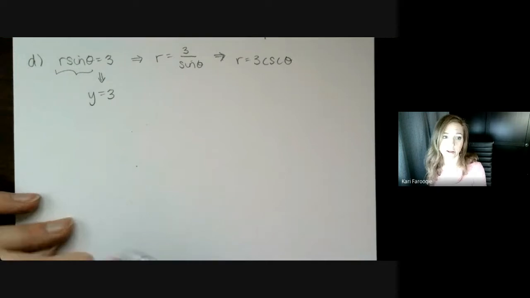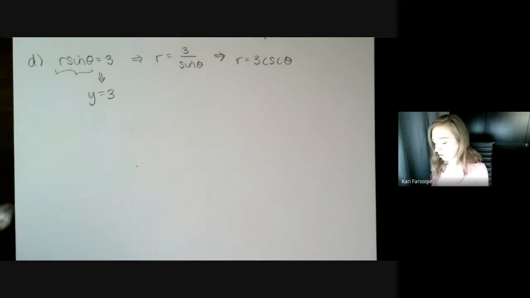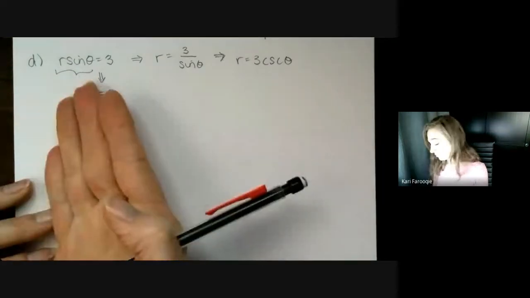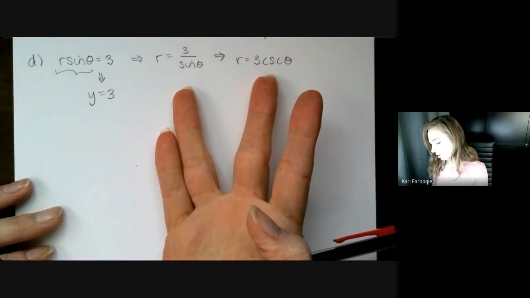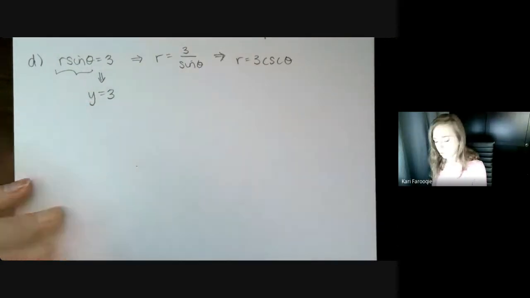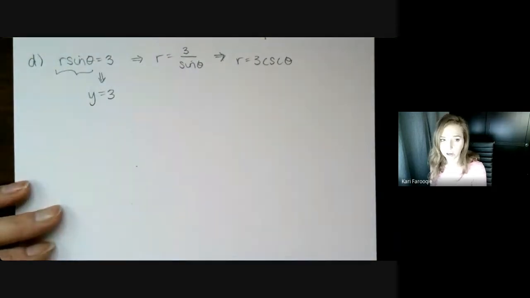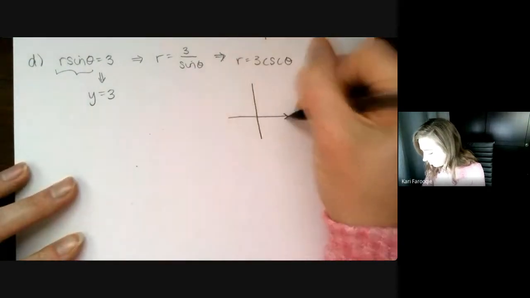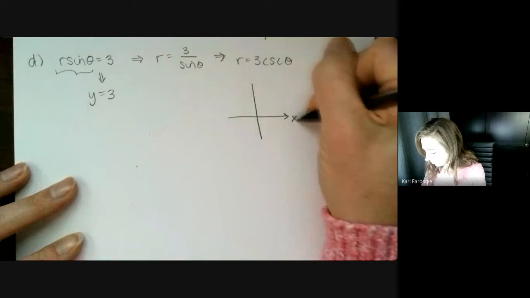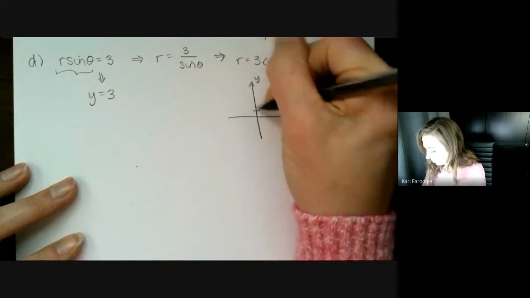And r sine theta happens to be a big one for us. So if you have something like that, or if you can generate something like that, don't think, okay, well, I have this already, I'm good to go. You want that to be in a form that you can use. r sine theta equals y. All right, so this is y equals 3, and you know that y equals 3 is just a horizontal line going through 3.